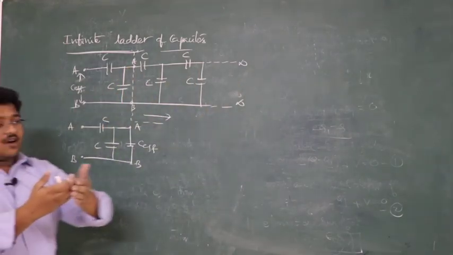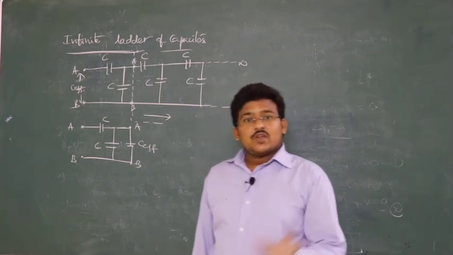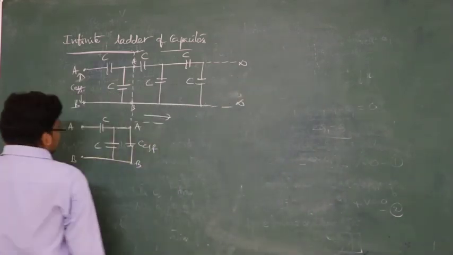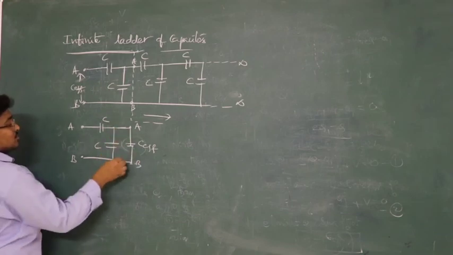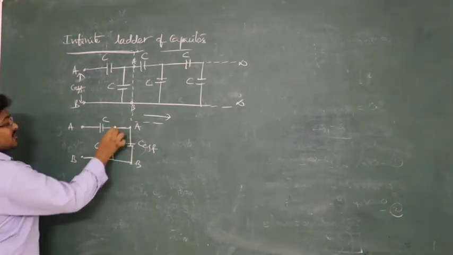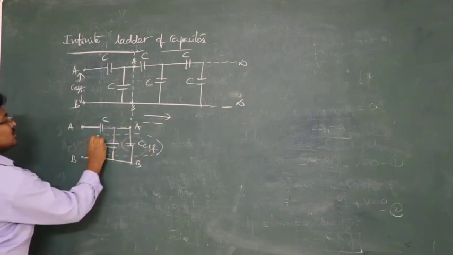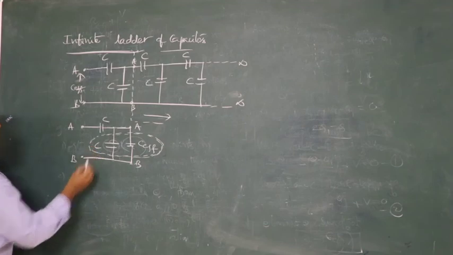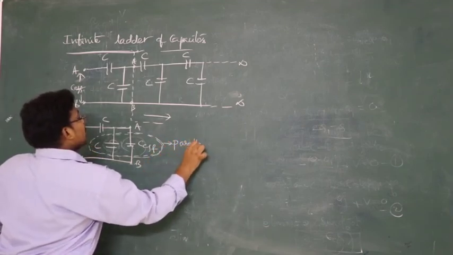Now see, the long question becomes very short. The endpoints of this C effective are these two, which means the endpoints of this C are also the same. So these two are in parallel.